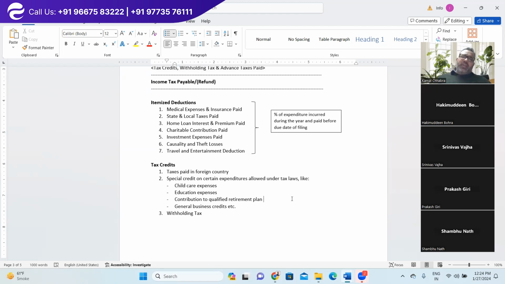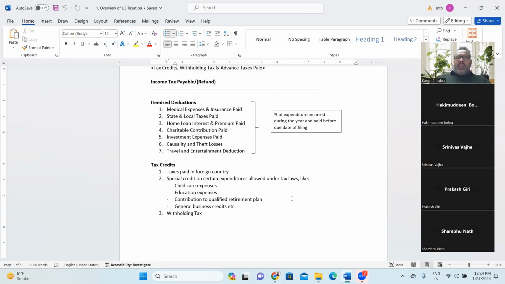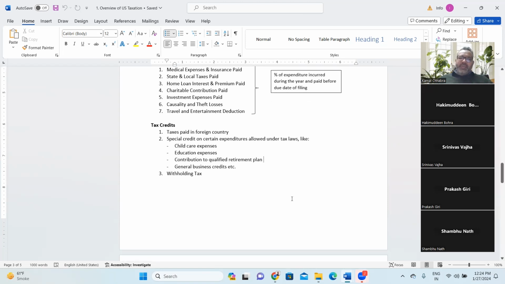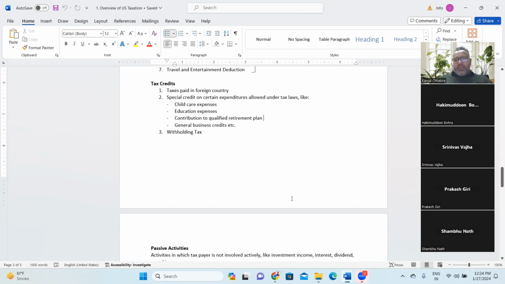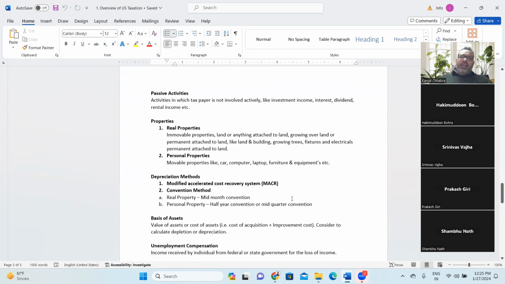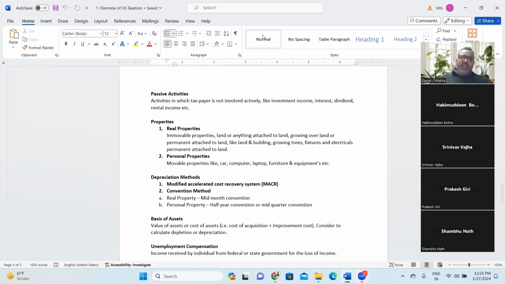Same way in the US, on certain expenditure, there are tax credits available, which include foreign tax credit, child care credit, education credit, contribution credit, general business credit, and withholding tax. That also we'll be discussing in detail. Another topic is passive activity. This also I think we touched on in the last class, right? Which is passive income generated through passive activity.